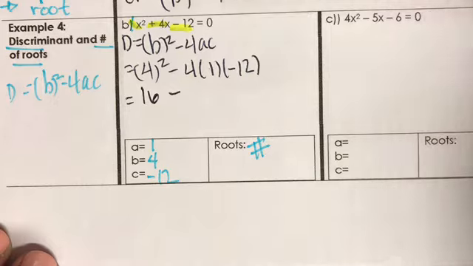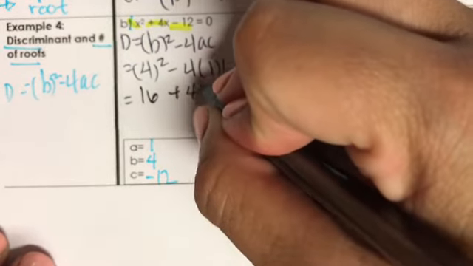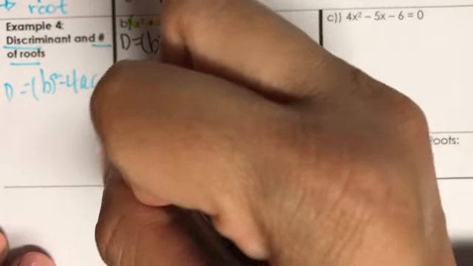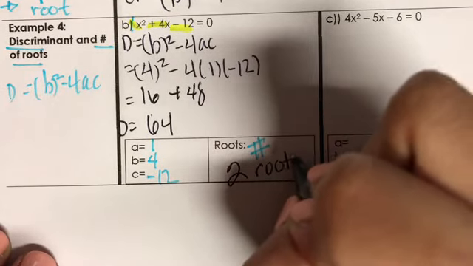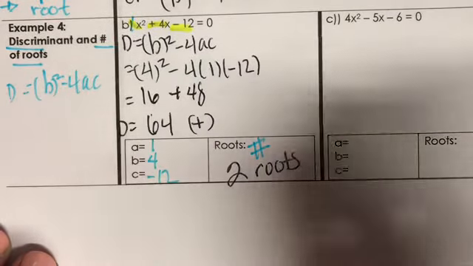Negative 4 times negative 12 is positive 48. My discriminant equals 64. So that means I'm going to have 2 roots, because this is positive. Positive means 2 roots.